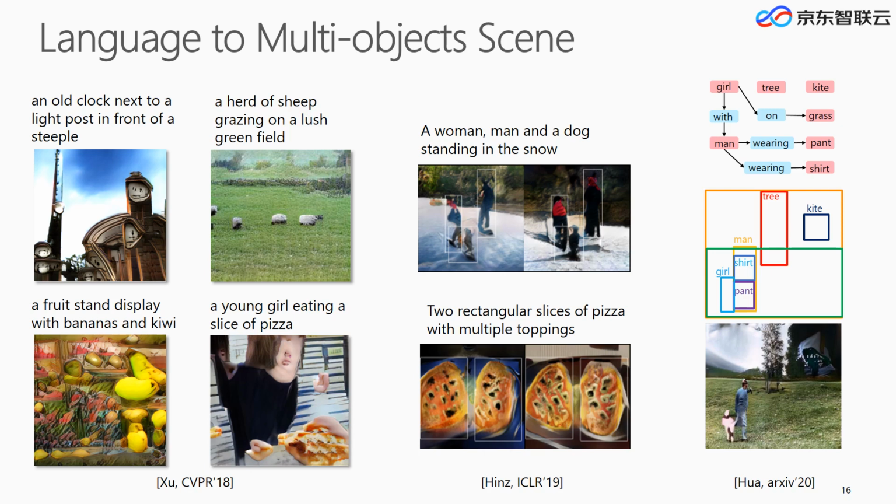The information conveyed by a complex sentence can often be more explicitly represented as a scene graph. Since the scene graph is a more powerful, structured representation for both image and language, generating multi-object images with complicated semantic information can be much easier. However, there's still a long way to go.